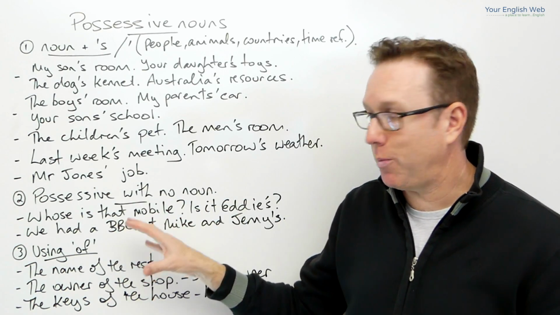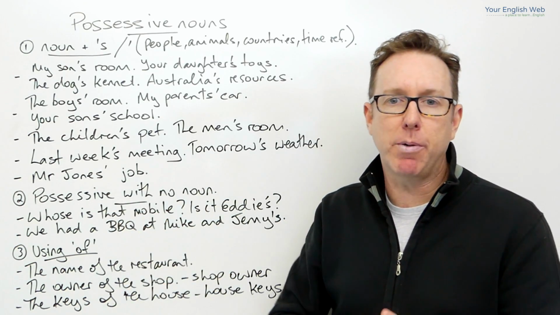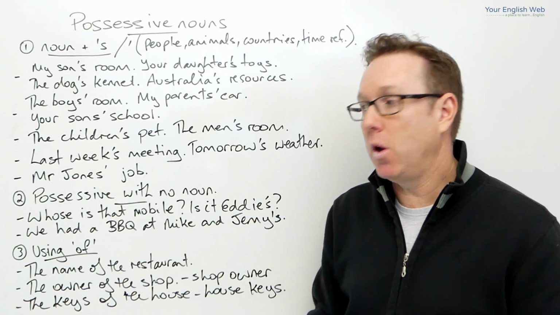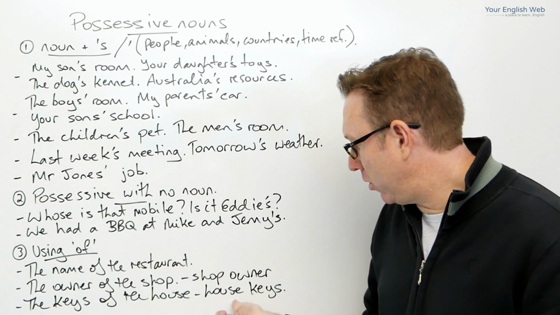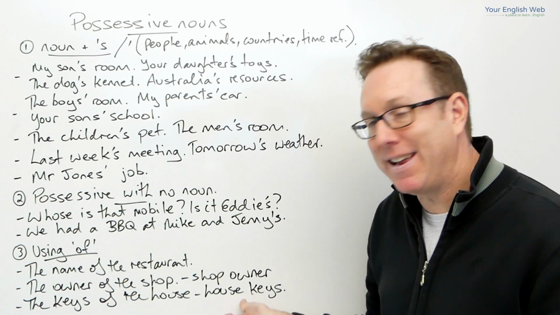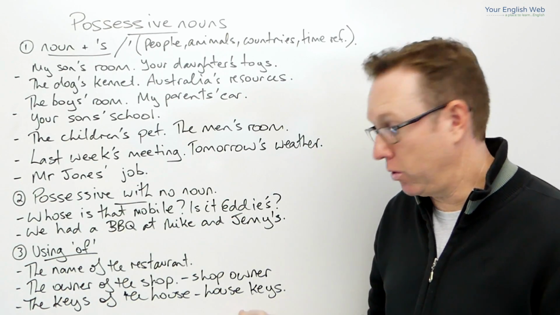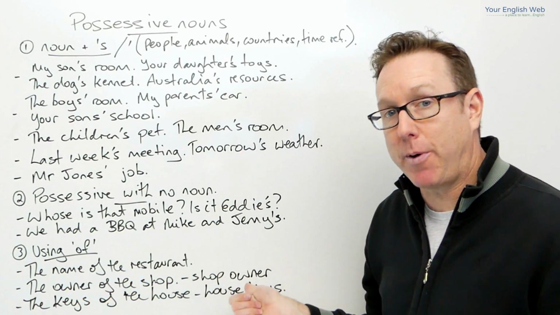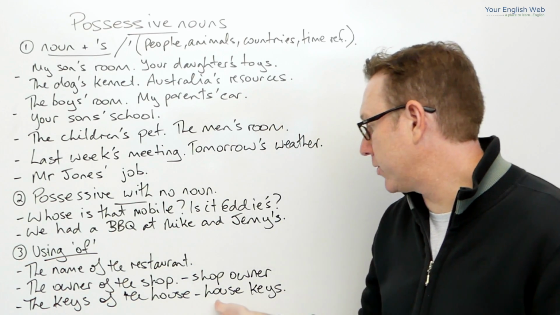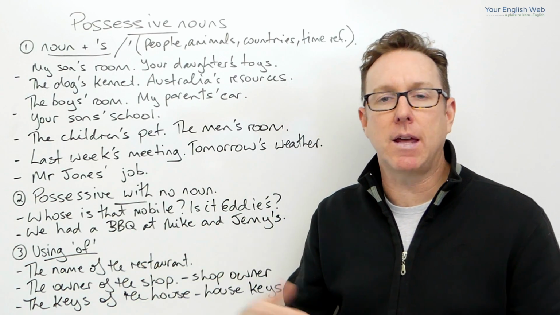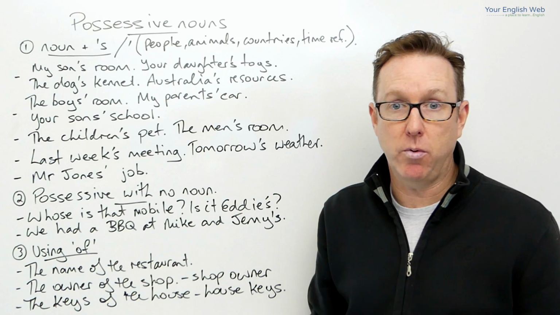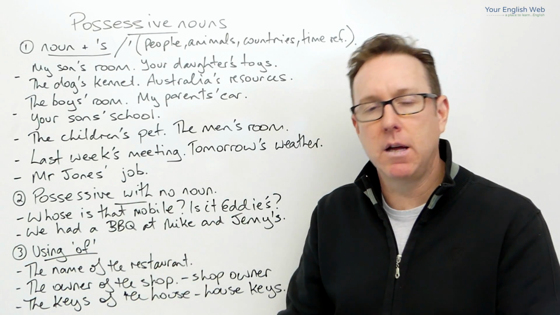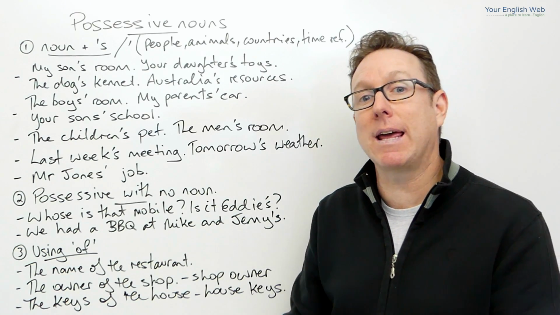Now, it's too complicated to explain in this lesson, but I'll do another lesson one day which will explain in more detail when we use of and when we use this compound noun structure in order to show possession, basically. So the owner of the shop, shop owner, the keys of the house, house keys, the keys of the car, car keys, for example. Where are the car keys? You can say where are the keys of the car, but it's more common to say where are the car keys.